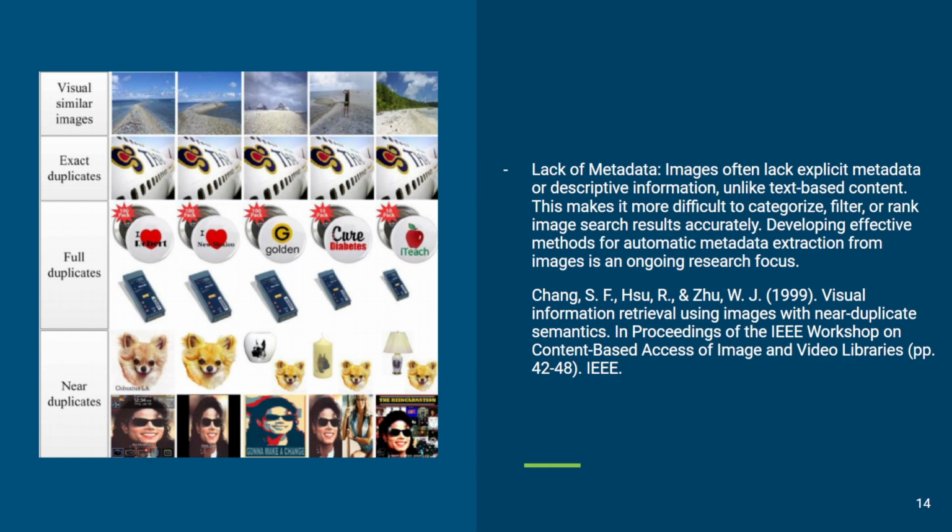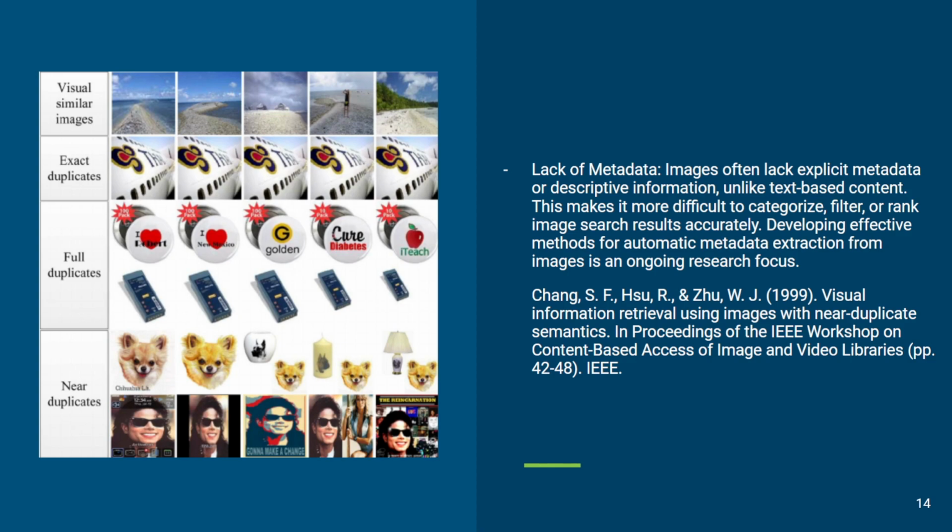And the next disadvantage is lack of metadata. Images often lack explicit metadata or descriptive information, unlike text-based content, of course. And this makes it more difficult to categorize, filter, or rank image search results accurately. Developing effective methods for automatic metadata is still an ongoing research focus, and it is mentioned in visual information retrieval using images with near duplicate semantics.